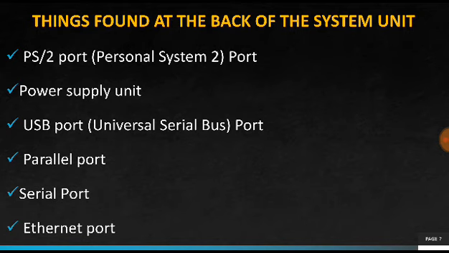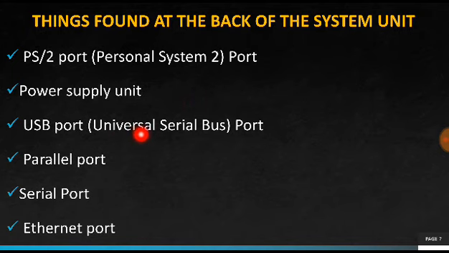So what we mentioned earlier on are the ones we have listed over here. We made mention of the PS2 port. That's the personal system 2 port. That's the full meaning of PS2. We have the power supply unit. That's the PSU. We have the USB port.